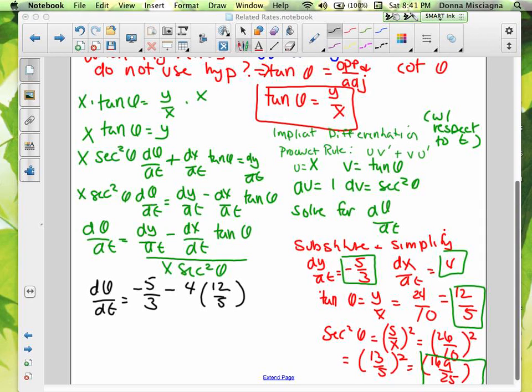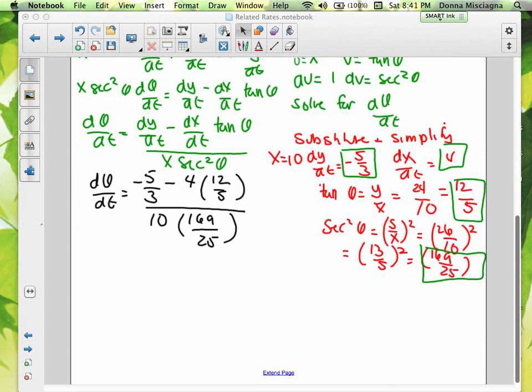Be nice if these numbers were a little nicer. x is 10, so 10 times 169 over 25.